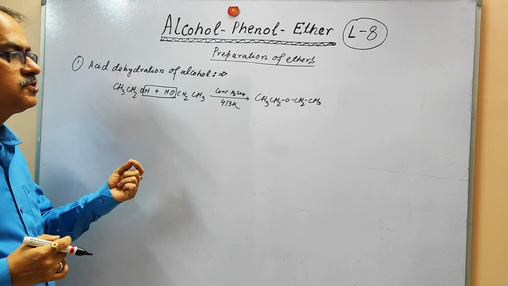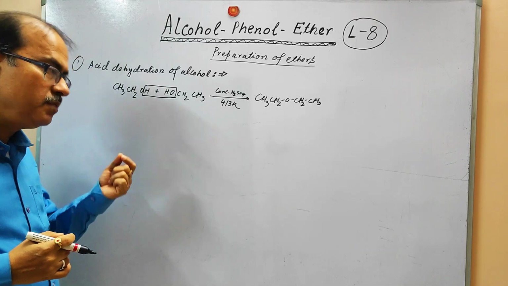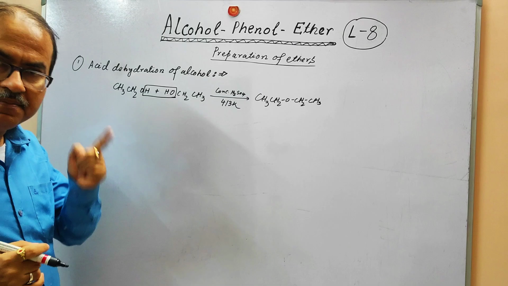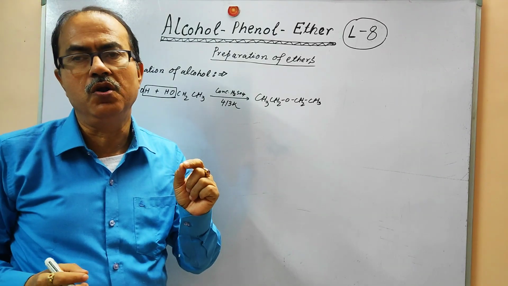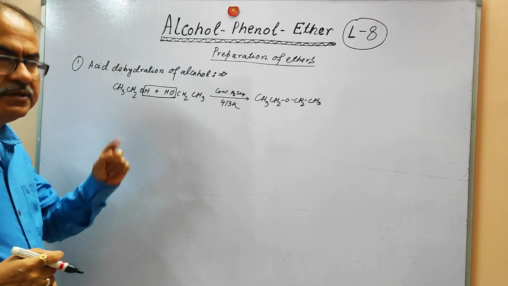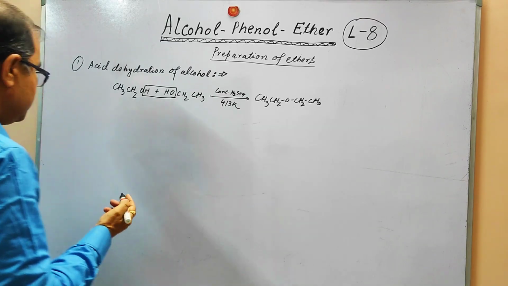This is the number one limitation of this process. The number two limitation is that in this reaction only a primary unbranched alcohol should be used. That can be easily understood from its mechanism.